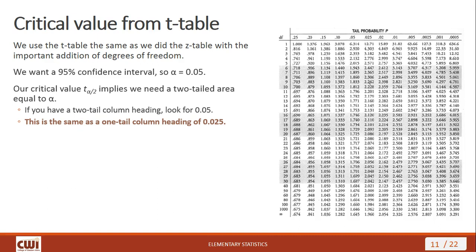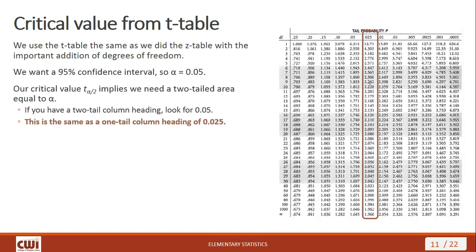Here there's only one line of column headings at the top of our table, so we can assume that we're talking about one-tail column headings. Most t-score tables will actually have a graphic that illustrates whether you're looking at one-tail or two-tail. So we want the column for 0.025.